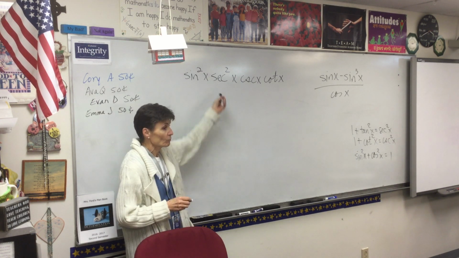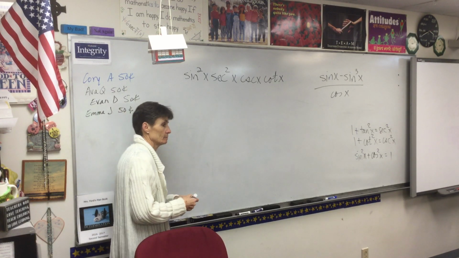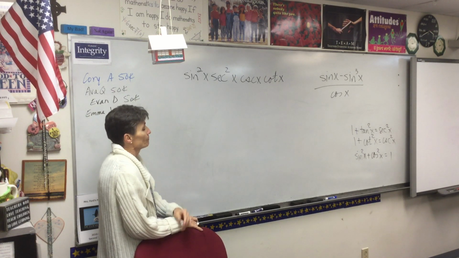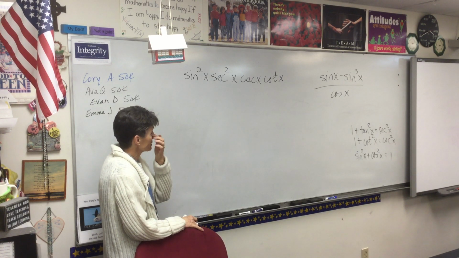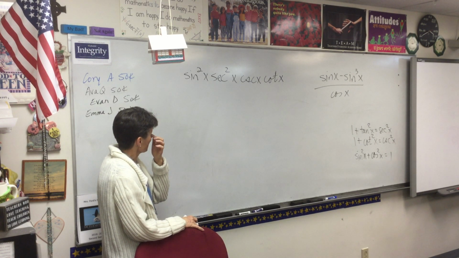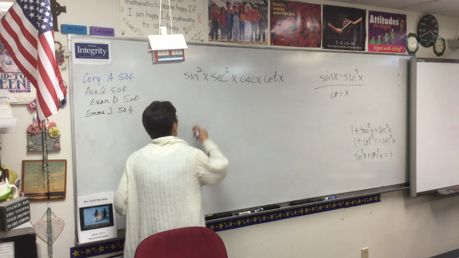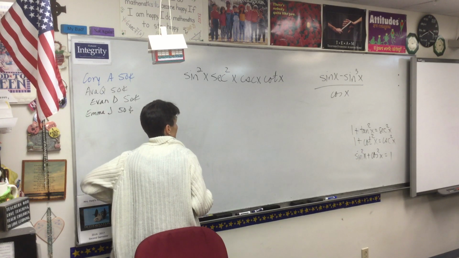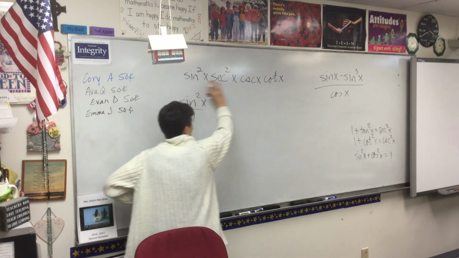Well, it's 1 over cosine squared. Oh, really? Now, hopefully, as you're rewriting, stuff's canceling. What'd you do with sine squared? Kept it. We keep our sines and cosines in these kinds of problems.